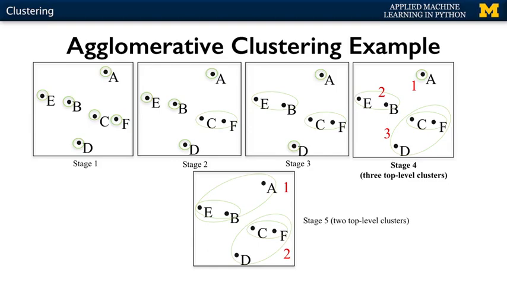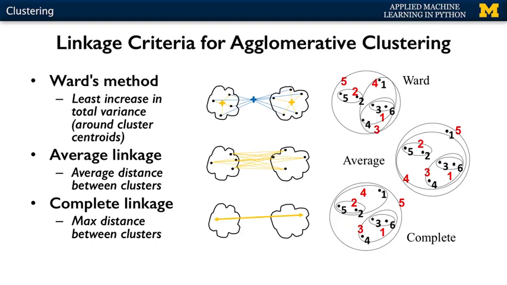You can choose how the agglomerative clustering algorithm determines the most similar cluster by specifying one of several possible linkage criteria. In scikit-learn, the following 3 linkage criteria are available: Ward, Average, and Complete. Ward's method chooses to merge the 2 clusters that give the smallest increase in total variance within all clusters.